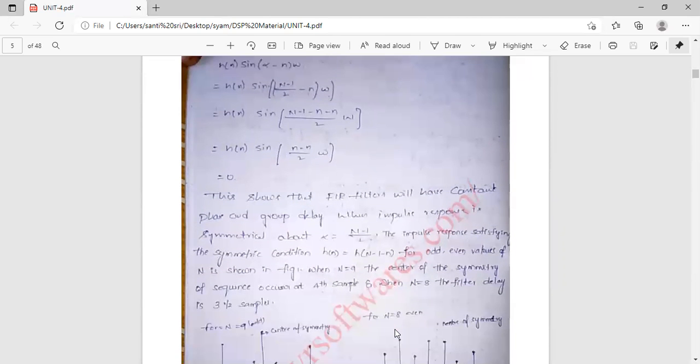This shows that FIR filters will have constant phase and group delay.